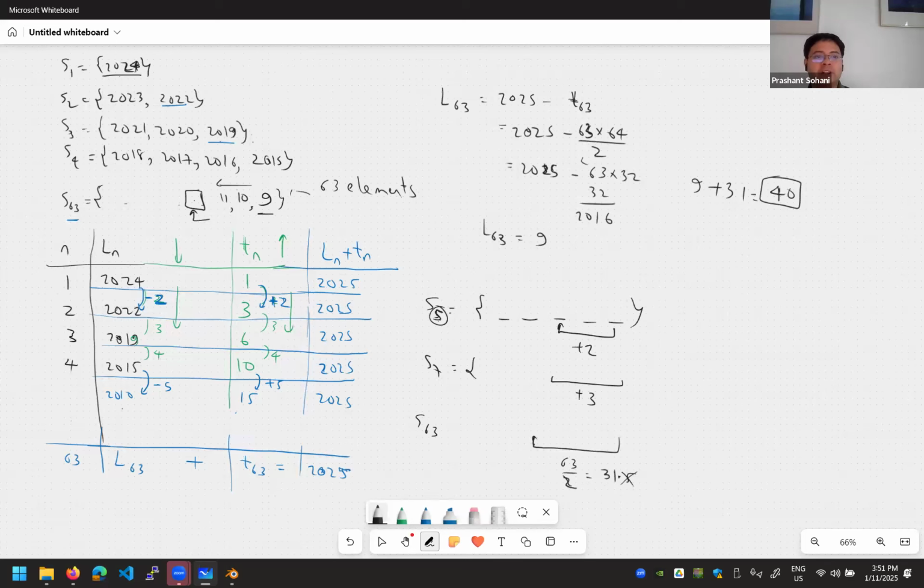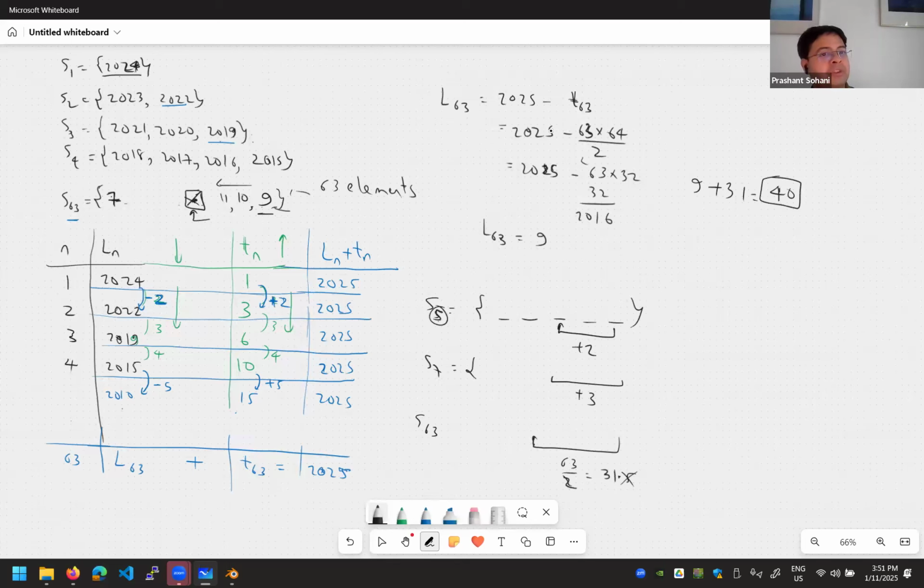Or one more way to find the center point is that you find the average of the first and the last term. So I find the last term as 9. I'll find the first term as 9 plus 62. Why did I do 62 and not 63? Because this is a standard trick. When you have 5 elements, the distance between the first and the last element is not 5, it is 4.